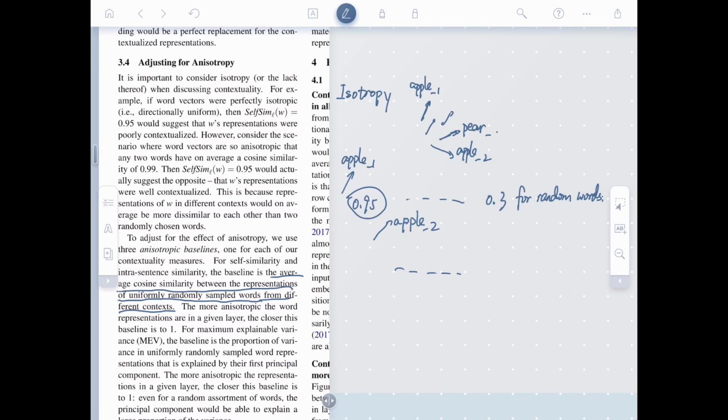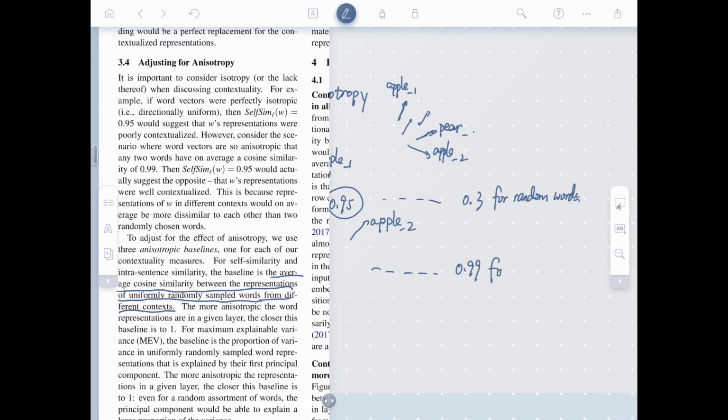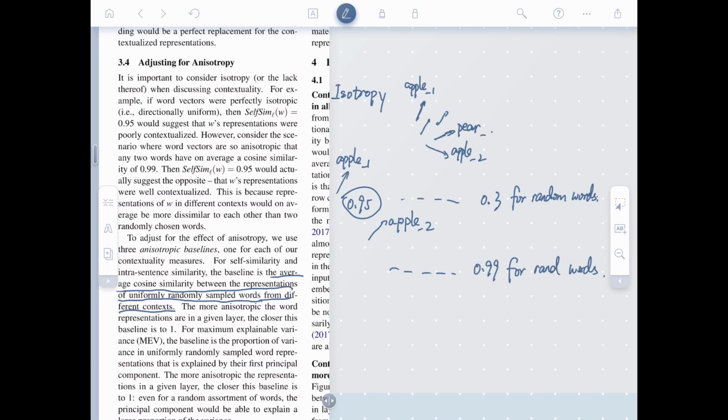On the other hand, if there's 0.99 for random words, then you know that in these two contexts, the language model actually differentiates them by so much that 0.95 is way lower than the average of random words.